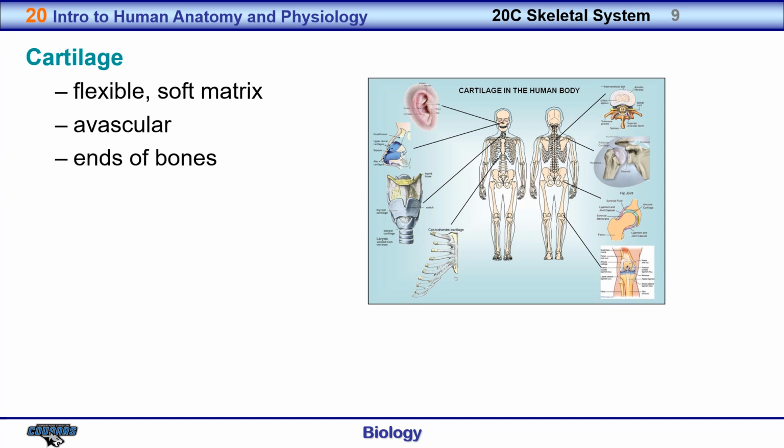So the cartilage is found on the ends of bones, and we said also it's in your nose and ears, and it's also at the ends of the ribs where they touch your sternum, which is your breastbone, so that they can flex while breathing.